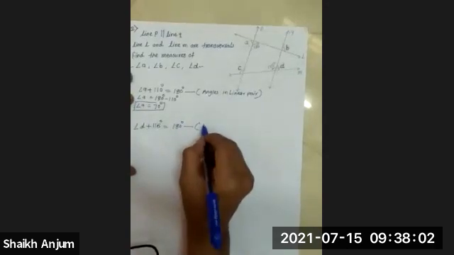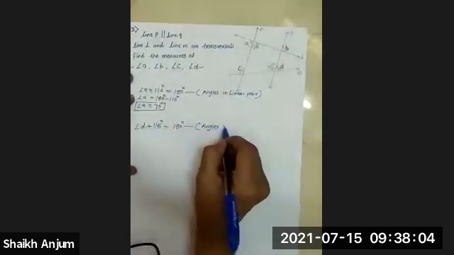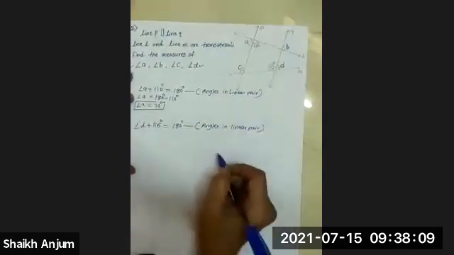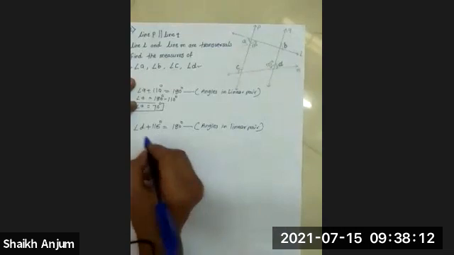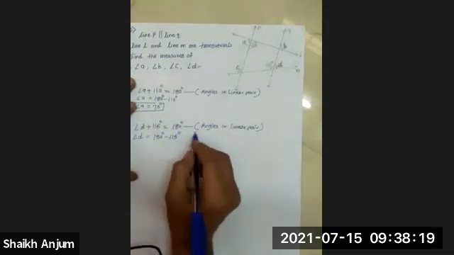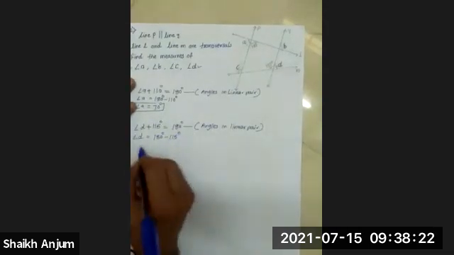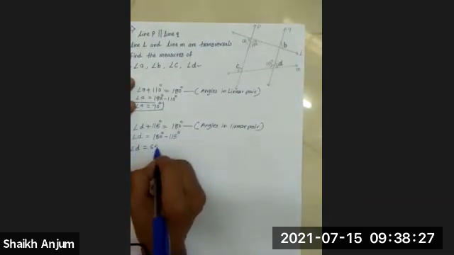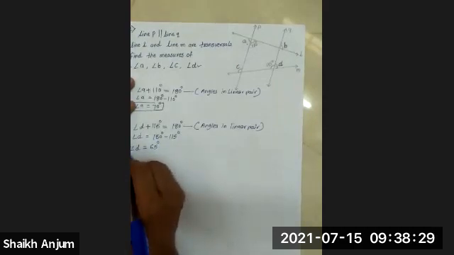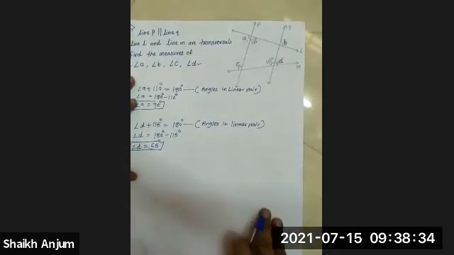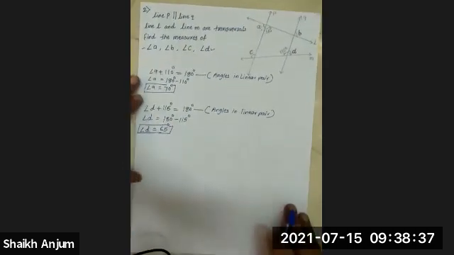The reason will be again the same, angles in a linear pair. So angle D will be 180 degree minus 115. Then angle D is equal to 65 degree. This is the second solution.